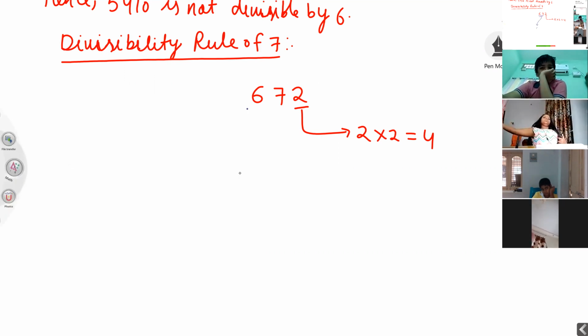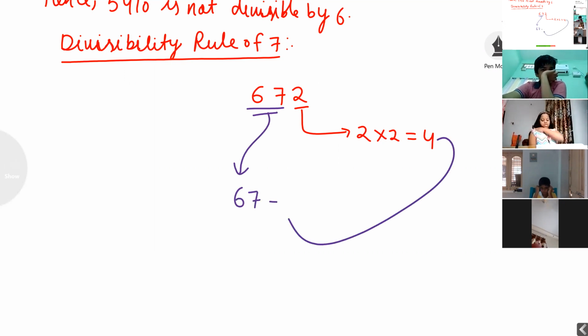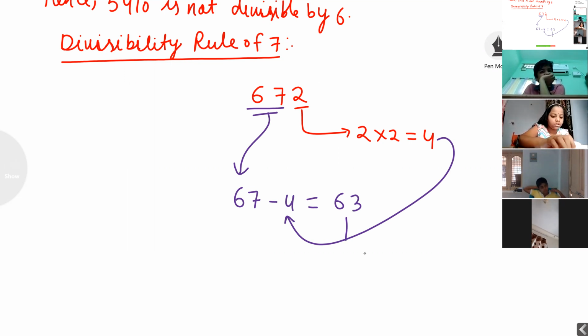I have written 67 here. 67 minus 4 is 63. Now I will check whether 63 comes in the 7 table or not. Yes. Then I can say 672 is divisible by 7. Are you getting my point, students?